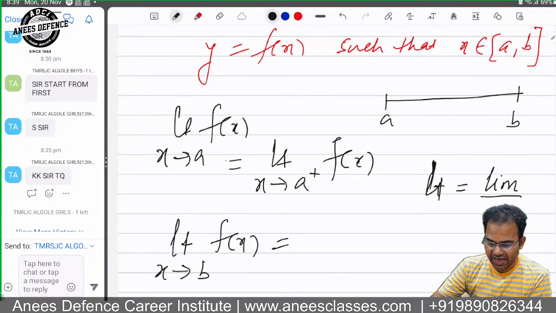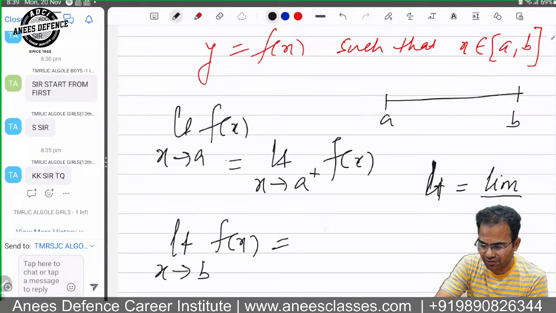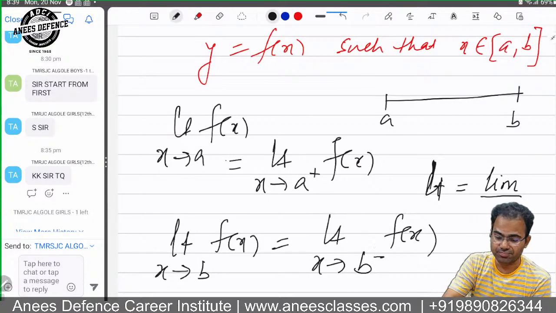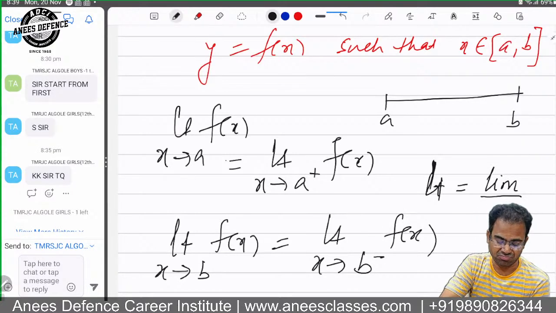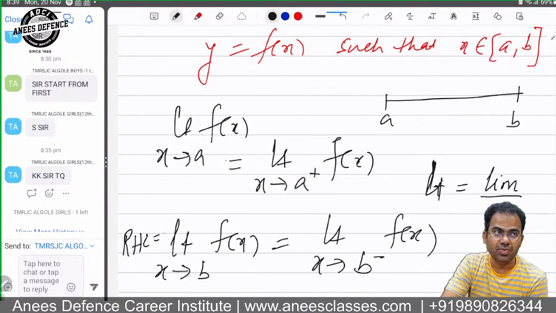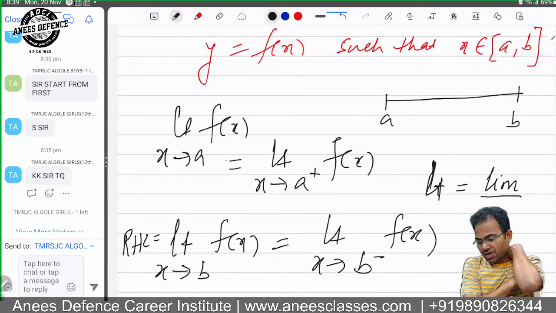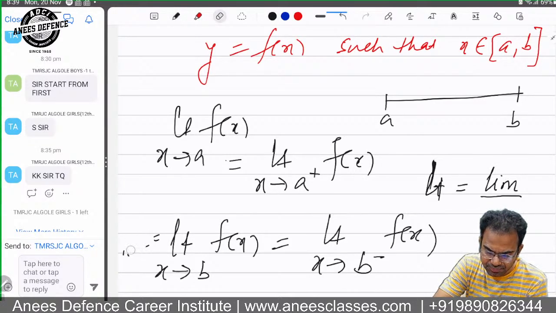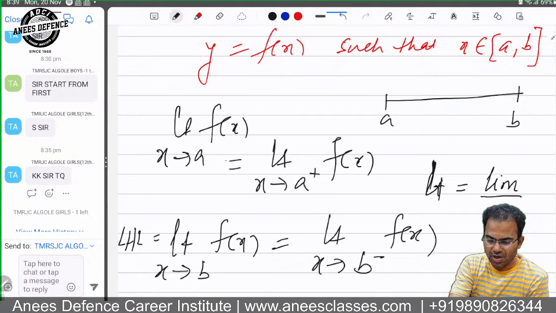So here I have to find limit x tends to b minus f of x. Sorry, here LHL, not RHL. Here I have to find only LHL. Here at a, only RHL.